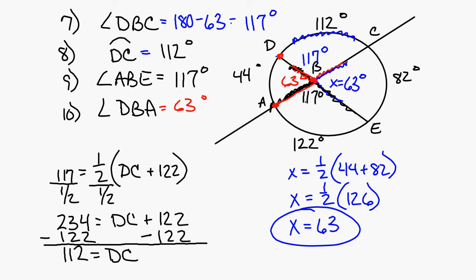Alright, and then you've got problem number, again, 11 and 12. They're both coming off the same picture. For 11, you need arc MN. And for number 12, you need angle OPN.